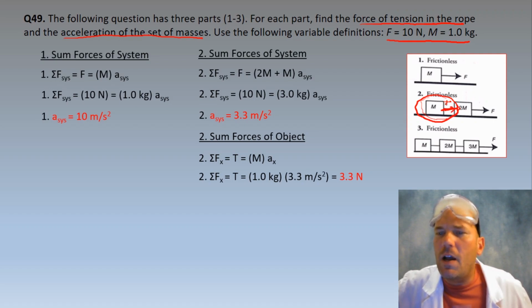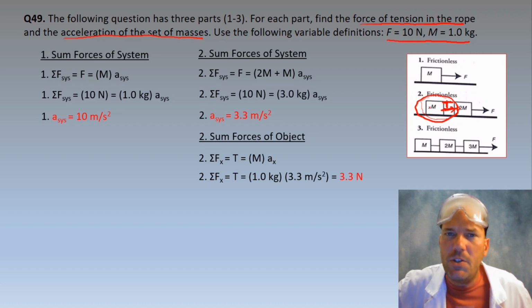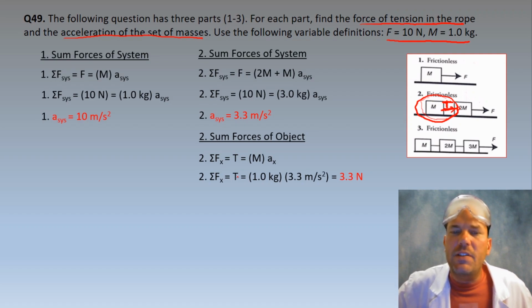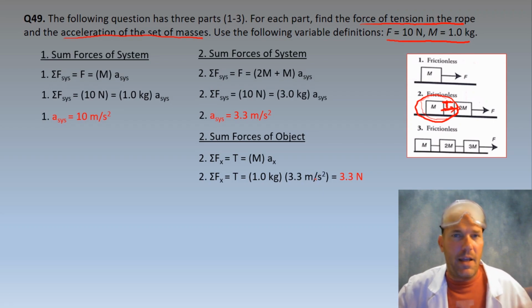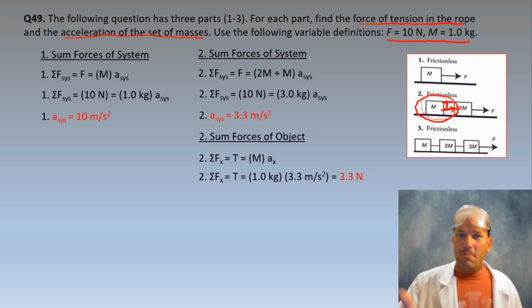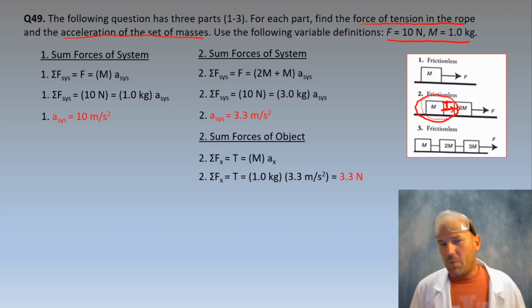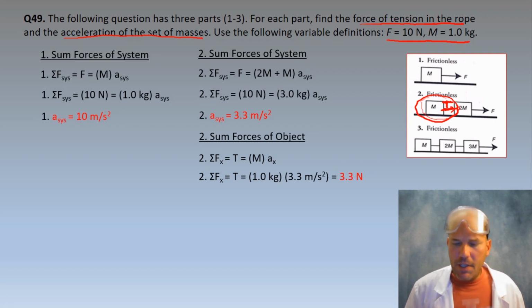It's acting to the right. We have no friction, so we don't have any forces opposing this motion. And for that reason, the force of tension is equal to 1 kilogram multiplied by the acceleration, which gives the derived unit for newtons, okay? Kilograms multiplied by meters per second per second. Okay, so now we know the force of tension.